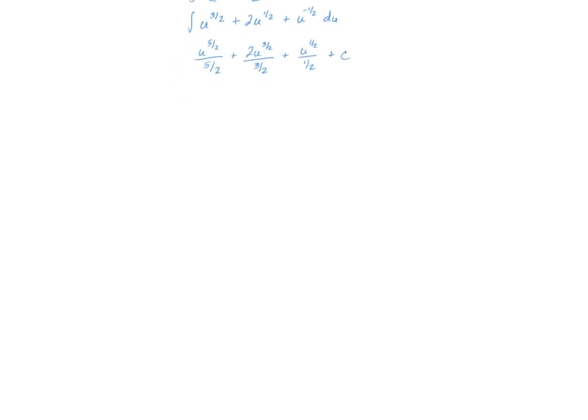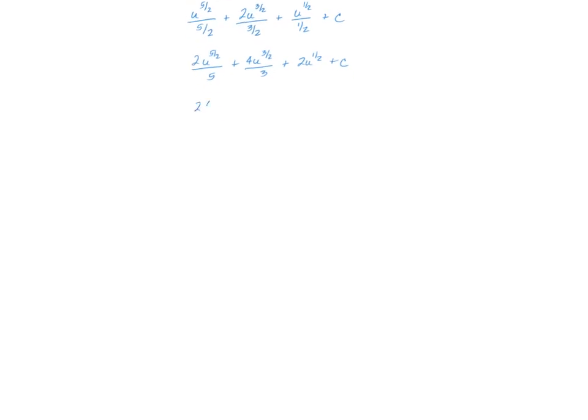We'll go ahead and clean this up a little bit and then substitute back in for u. This will be 2u to the 5/2 over 5 plus 4u to the 3/2 over 3 plus 2u to the 1/2 plus c. So now that I've cleaned it up, I'm going to substitute back in the x minus 1 for u.